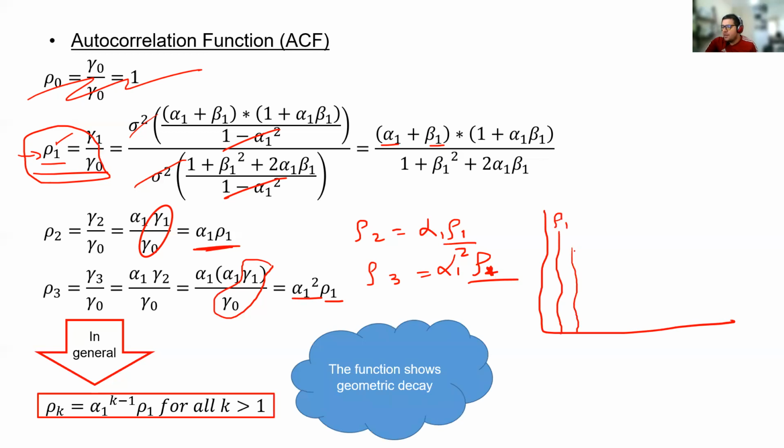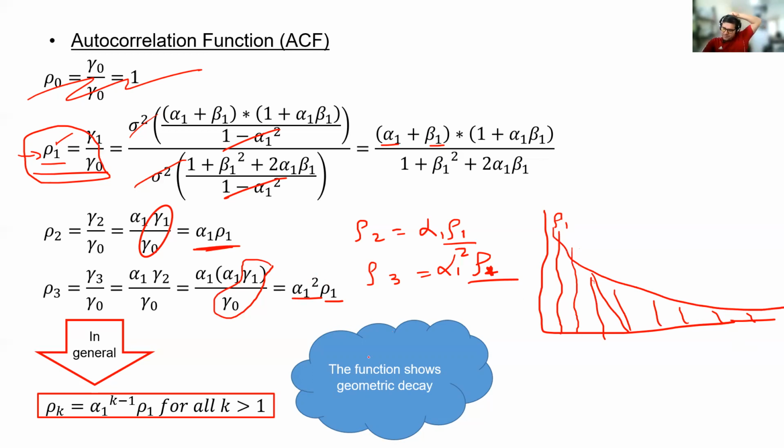And then we are multiplying that by that 0 point something number again, so it's elevated to the second power. It keeps going down, down, down until we eventually reach 0. So this is what we call a geometric decay.